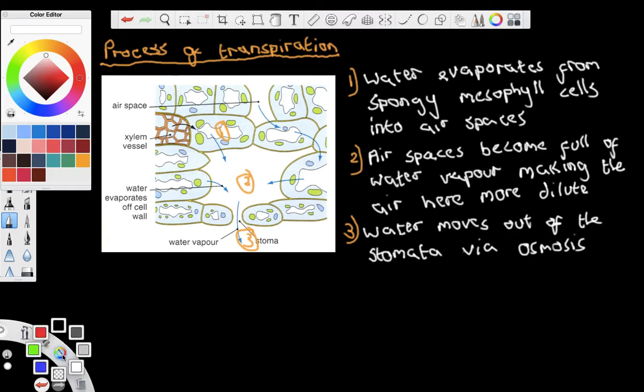And finally, number four, that's not where the orange is, is it? Number four, the water that's lost from the spongy mesophyll is replaced by water in the xylem.